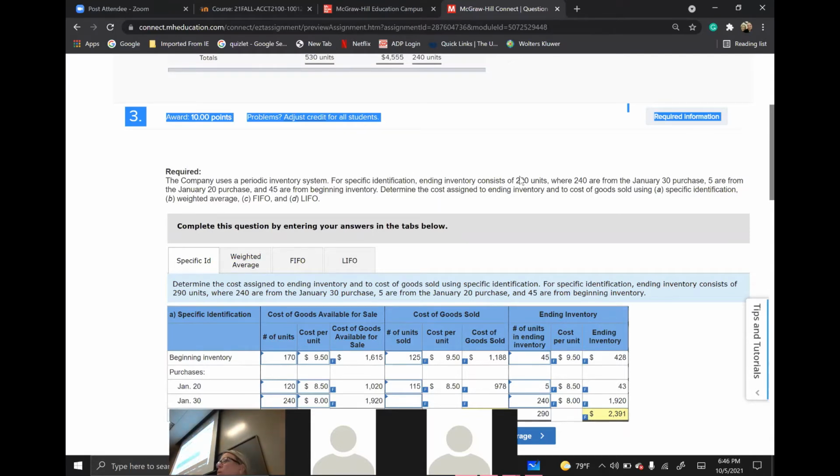That's telling us what the units are. It says the ending inventory consisted of 290 units, where 240 were from the January 30th purchase, 5 are from the January 20th purchase, and 45 are from the beginning inventory. So you see they're telling us what's left and where we purchased it, so you can calculate those costs.